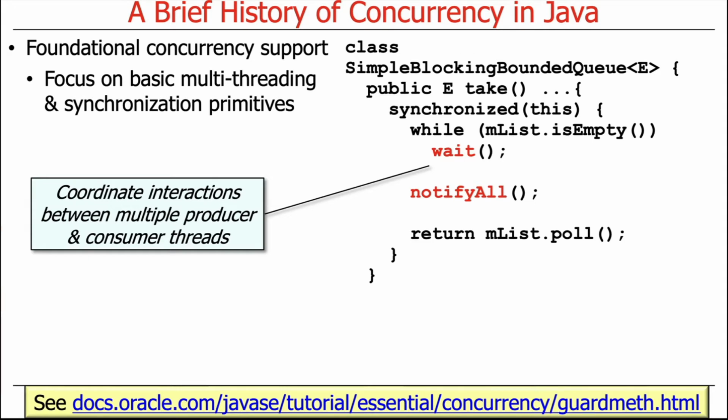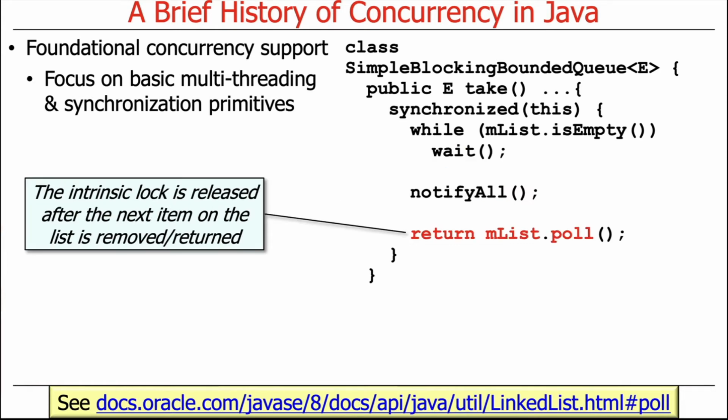So after we've had a chance to get an item in the queue, this will keep looping until the queue is not empty. At that point, we're going to call notify all, which tells everybody I'm taking something out of the queue, so if you want to put something in the queue, there will potentially be room for you now. And then the very last thing that happens is we remove the item and return it, and the intrinsic lock is logically released when the closed curly brace is reached here.